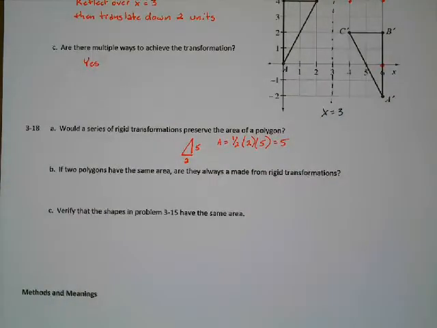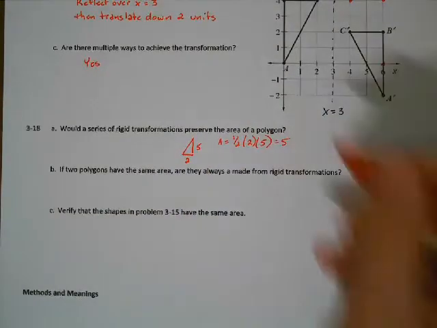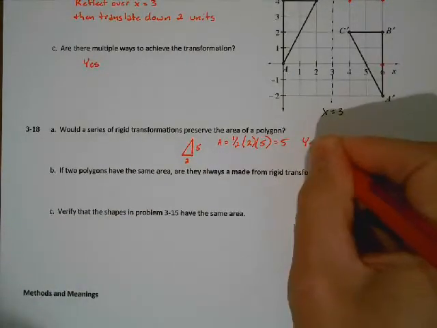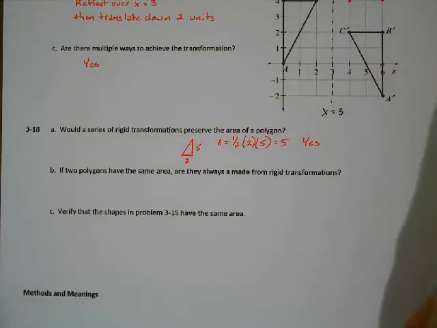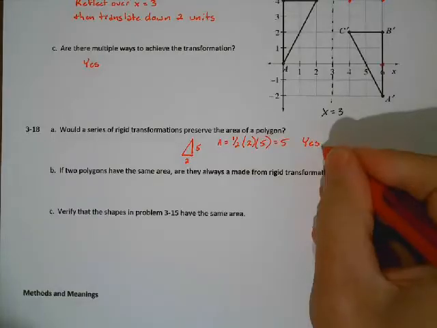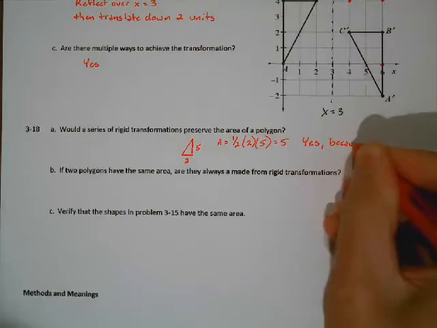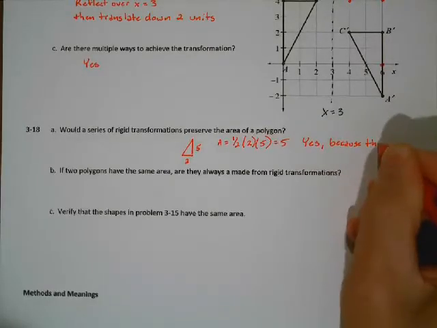If I did some kind of transformation with that, would it still have the same area? The answer is yes, because the side lengths do not change. It will always have a side of 2 and a side of 5. So when we do a transformation with a polygon, the area will stay the same. So we'll say yes, because the lengths do not change.